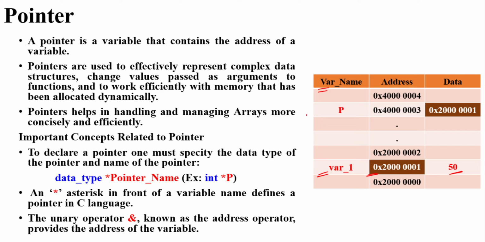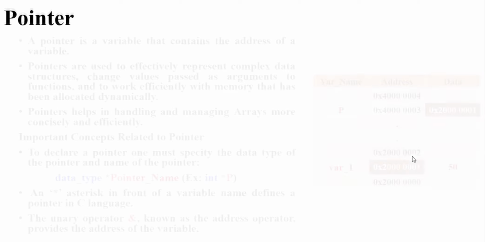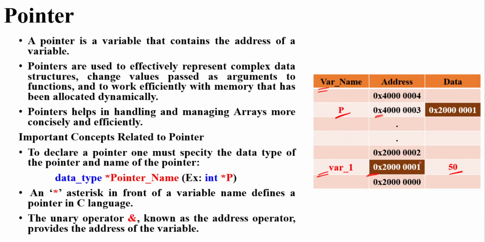If we declare a pointer for variable var1, then of course every pointer will have its own address. Assume in this case it is 0x4000003, and remember, the data in that pointer will be the address of the variable, 20000001.